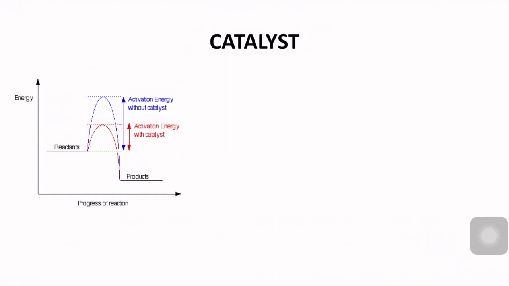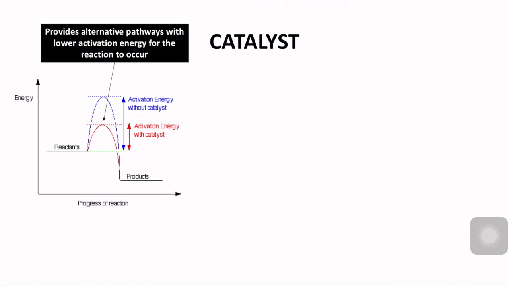So the last factor affecting the rate of reaction is your catalyst. If you look at this diagram, what happens is a catalyst provides alternative pathways with lower activation energy for the reaction to occur. So this graph in blue is showing the activation energy without a catalyst, whilst the red one is showing you the activation energy with catalyst.